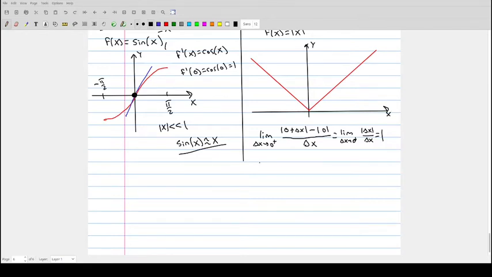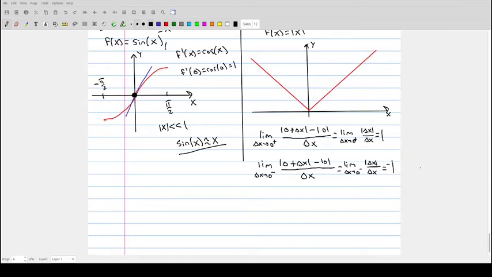But if you do this exact same limit from the left-hand side, where the limit as delta x approaches 0 from the negative side, where delta x is negative, the limit for the derivative is the limit of the absolute value of 0 plus delta x minus the absolute value of 0 over delta x, which is the limit as delta x goes to 0 from the negative side of the absolute value of delta x over delta x, which is equal to negative 1.